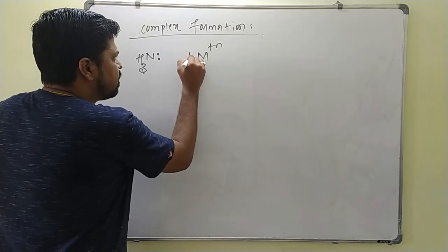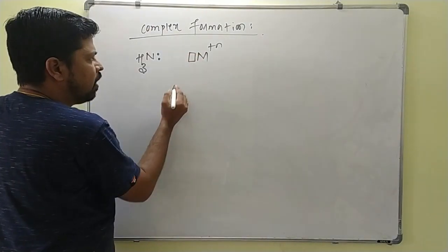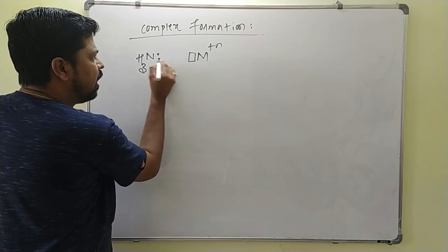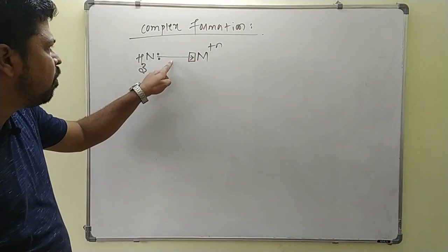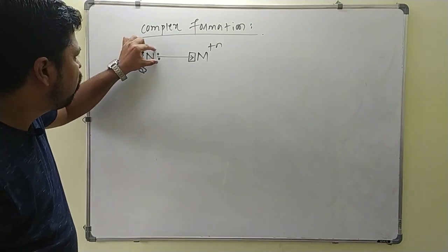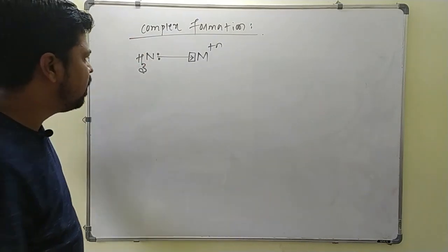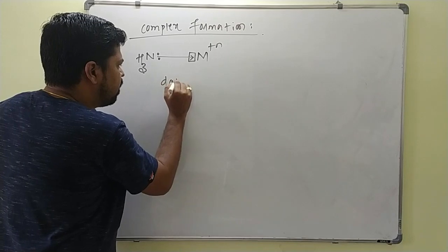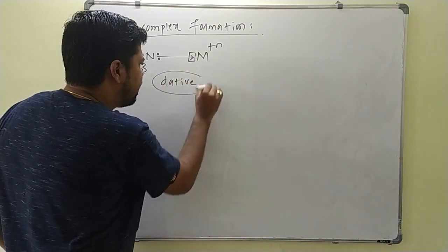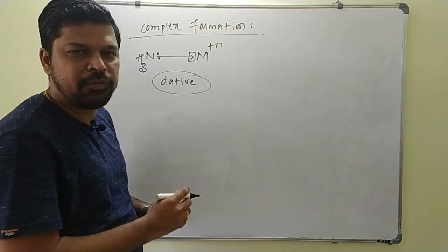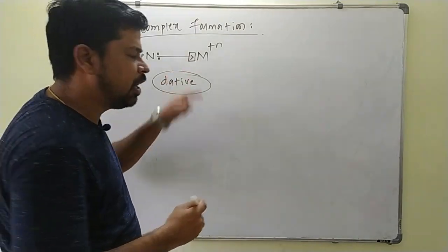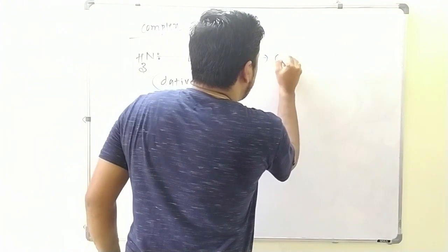Towards the vacant orbital of the metal ion, this ammonia donates a lone pair of electrons. What type of bond is formed here? Whenever a lone pair of electrons is given towards a vacant orbital, this is a special type of covalent bond. We know that this is a coordinate bond, or we call it a dative bond. So this ammonia donates a pair of electrons towards the vacant orbital of the metal ion to form the complex compound.